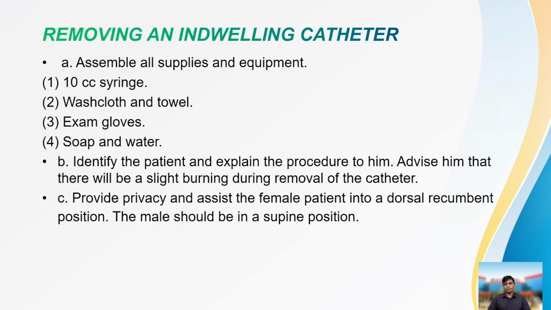Firstly, identify the patient and explain the procedure to him. Advise him that there will be a slight burning during removal of the catheter. Next, provide privacy and assist the female patient into a dorsal recumbent position. The male patient should be in a supine position.